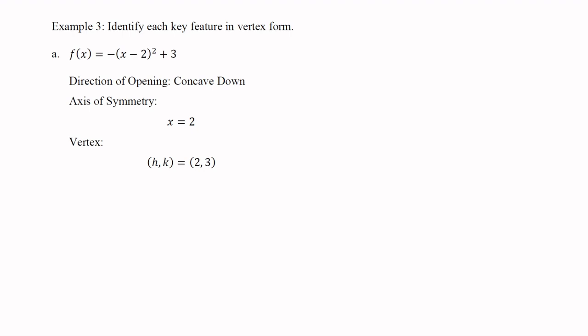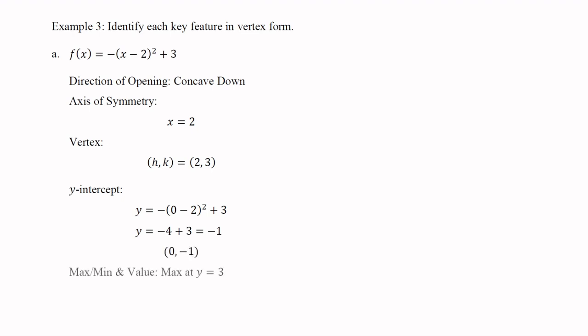That's your value of h. The y-intercept we get by substituting 0 in for x and solving, and we get negative 1. So the y-intercept's at 0, negative 1. And we have a max at y equals 3. That 3 comes from the y value of your vertex, and we have a maximum because we're concave down.